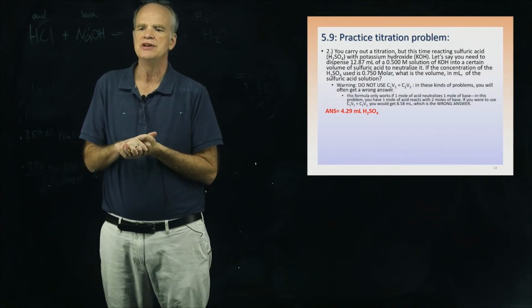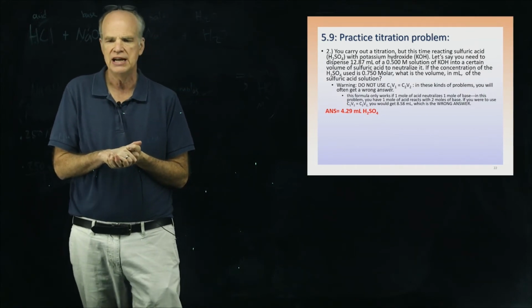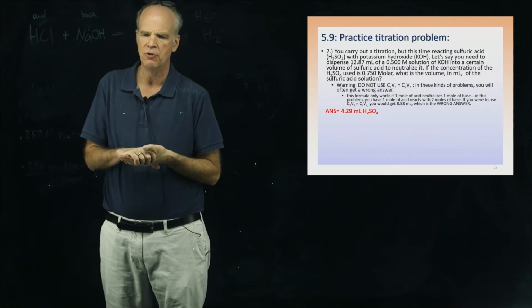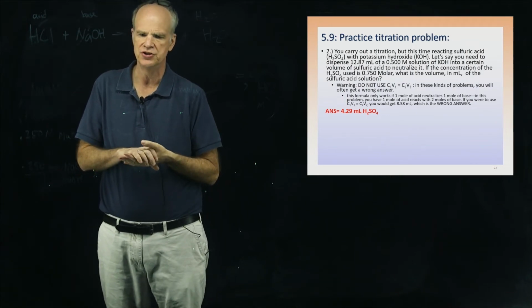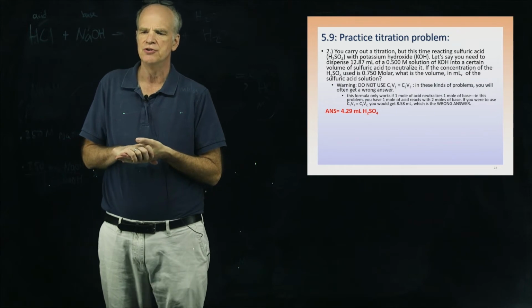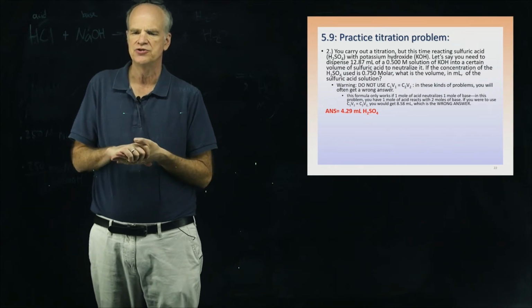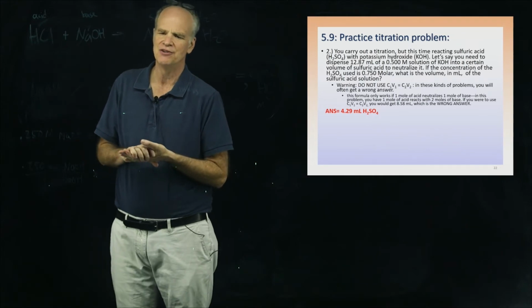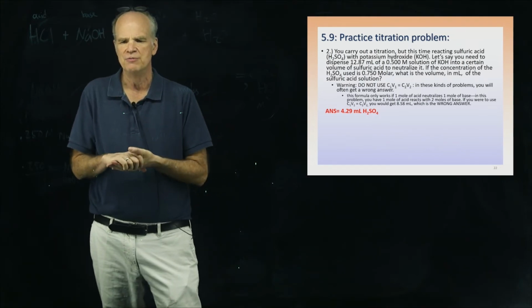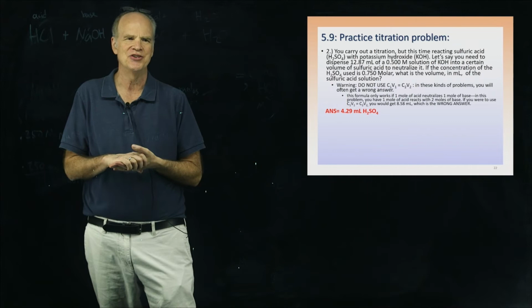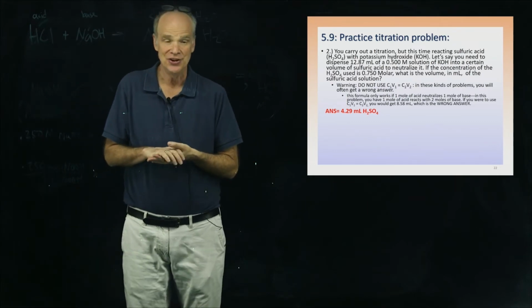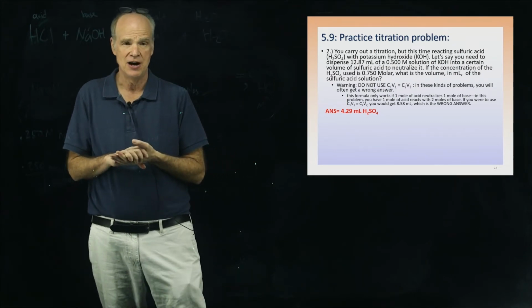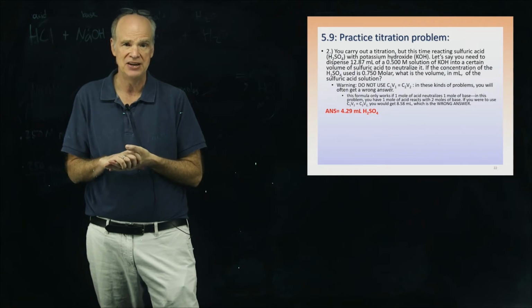Let's say you need to dispense 12.87 milliliters of the 0.500 molar solution of KOH into a certain volume of sulfuric acid to neutralize it. If the concentration of the sulfuric acid is 0.750 molar, what is the volume in milliliters of the sulfuric acid solution?